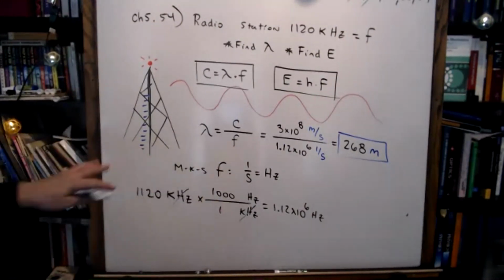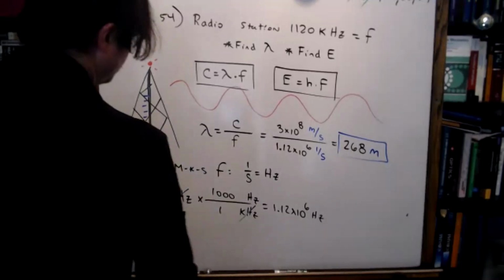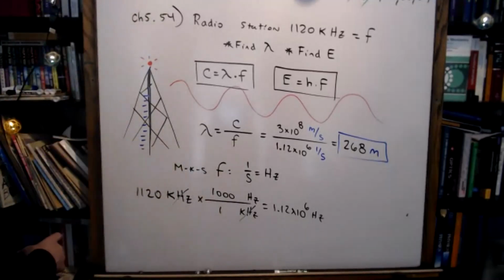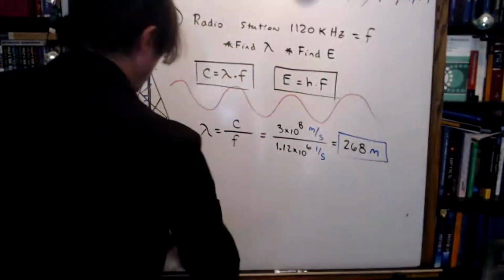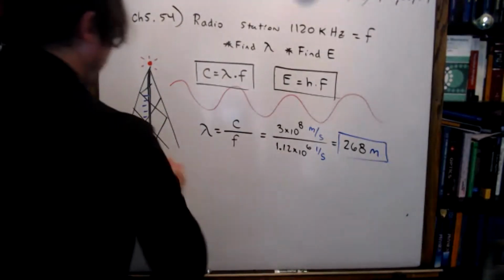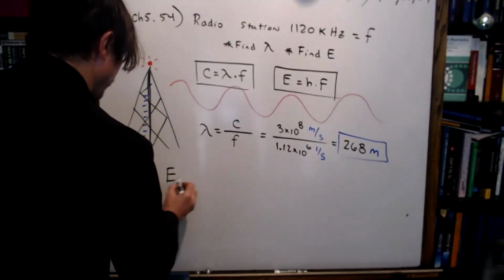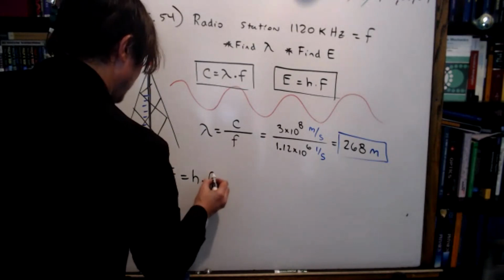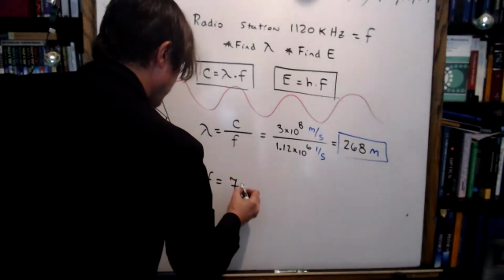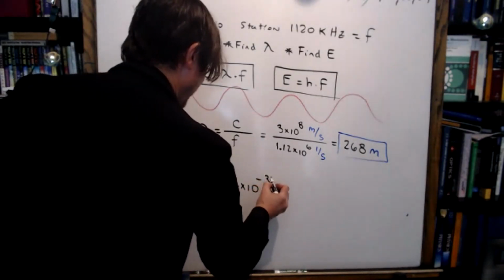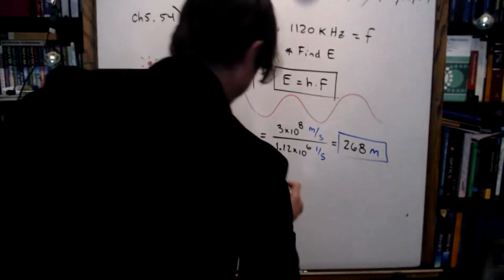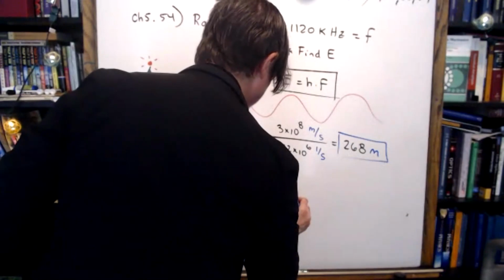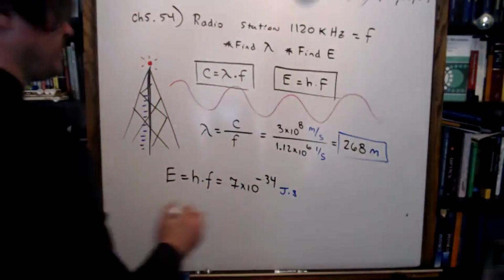I need to erase the conversion down here, guys. Okay, now we find the energy. The energy is Planck's constant times the frequency. Planck's constant is roughly 7 times 10 to the minus 34 joule seconds.